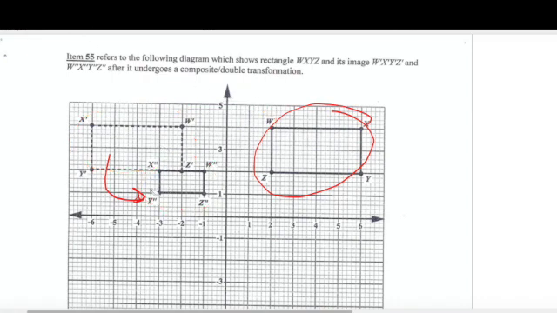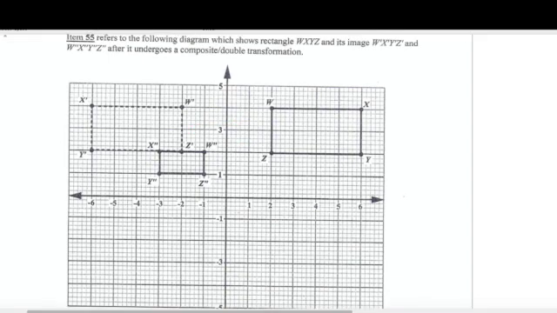So we could see straight up that we have a translation going this way. Actually, no, it's not a translation. A translation would have had W prime over here, because W prime would have been moving here.